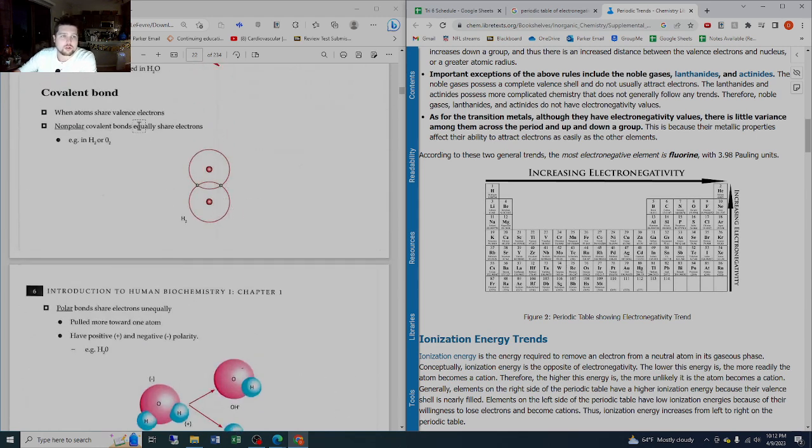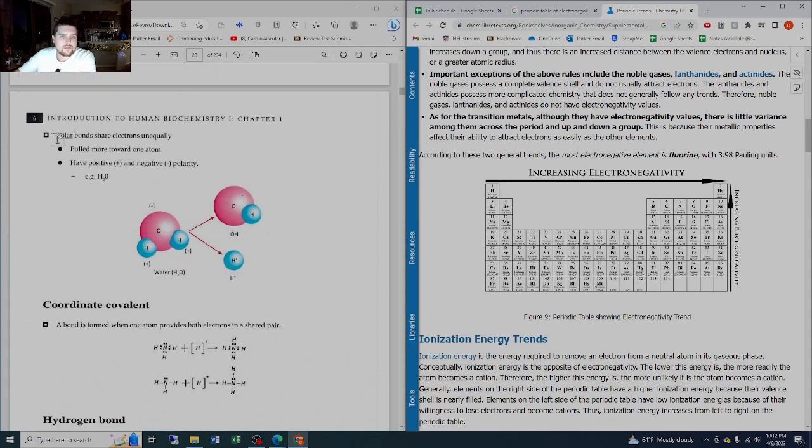Hydrogen, so nonpolar covalent, meaning that both of them have the same pull on the electrons. And polar bonds means that they share electrons unequally. So something like water, oxygen is way more electronegative than the hydrogens, so the electrons are going to be pulled much closer to the oxygen.